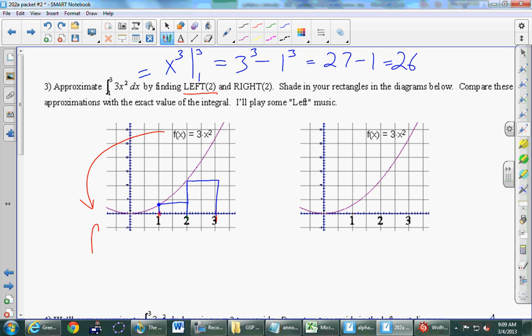You want to find f of 1, because that's where the height of the rectangle is. It is 3. You also want to find f of 2. That's the height of that rectangle.